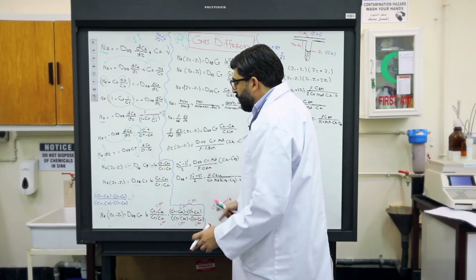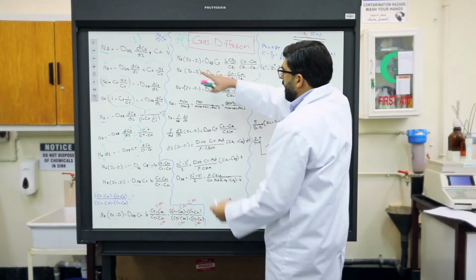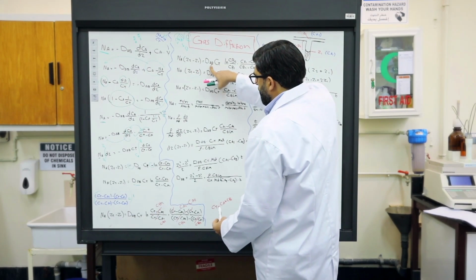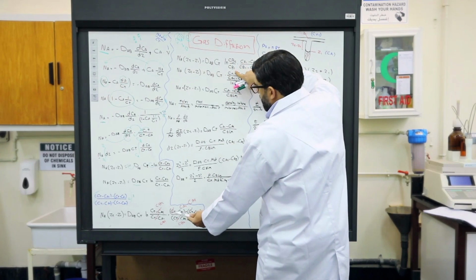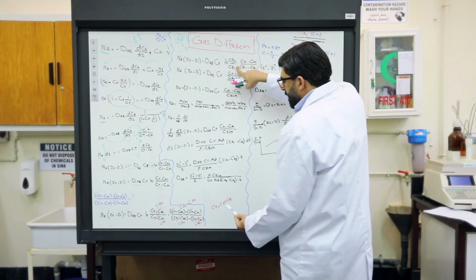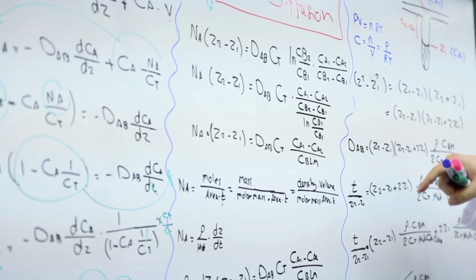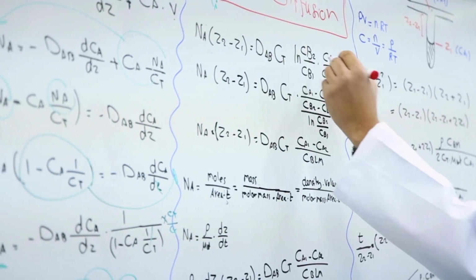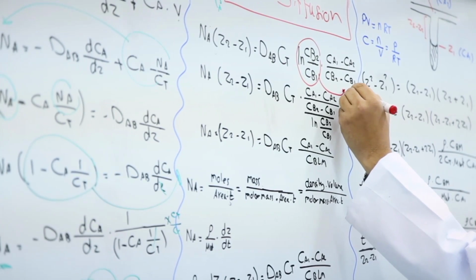So now let's write the equation again. We get N_A (Z2 minus Z1) equals D_AB times C_T ln of C_B2 over C_B1, times (C_A1 minus C_A2) over (C_B2 minus C_B1). This part I can move below here.